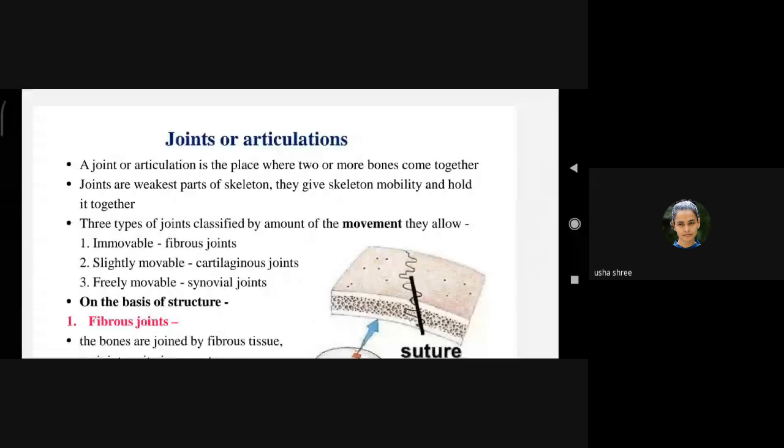The portion where the stitching is done becomes the weakest part of the shirt. Every joint or every stitch is the weakest part of every cloth. Like that only, joints are also the weakest part of the skeleton. They give the skeleton mobility and hold it together.